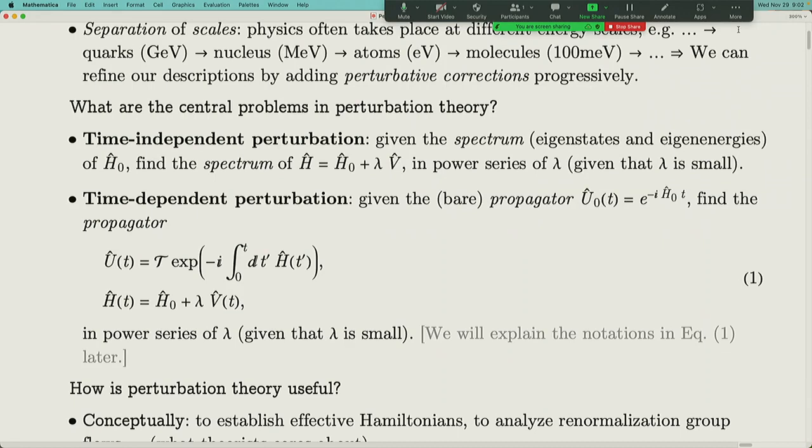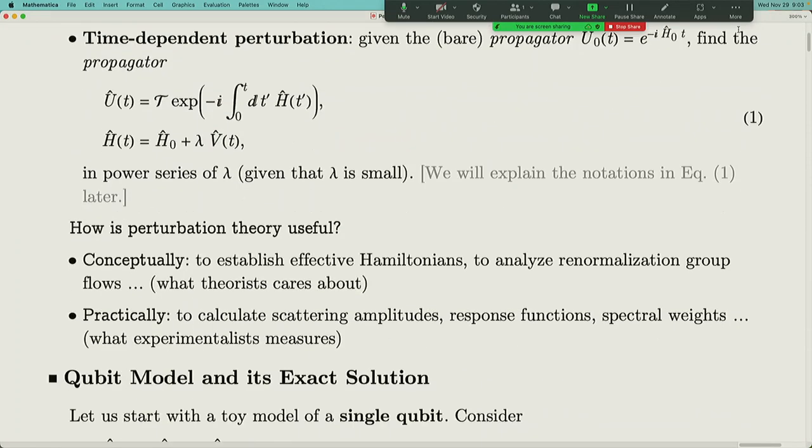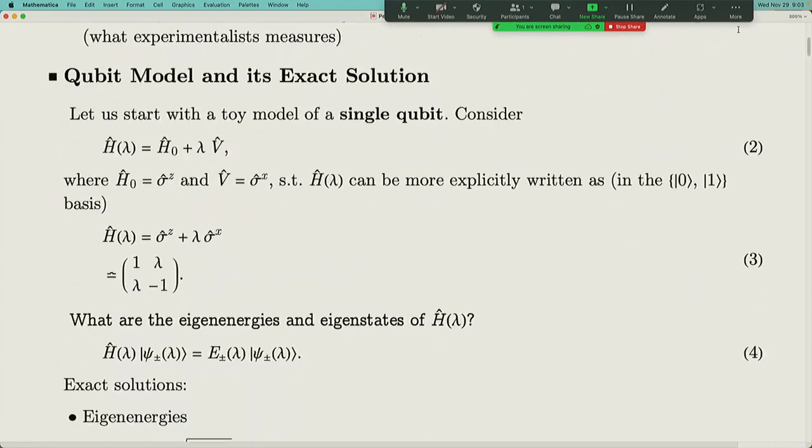The other is time-dependent perturbation, where we are not only interested in eigenstates, because eigenstates are actually time-independent. For the time-dependent problem, we are more curious about the time evolution operator. We want to know the effect of adding a perturbation on the time evolution of the system.